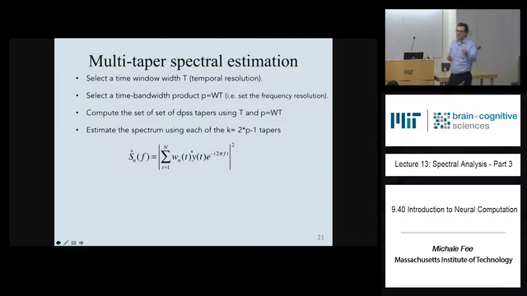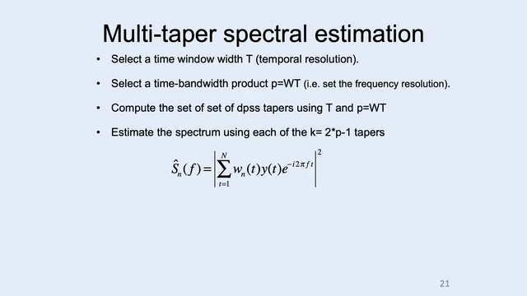And then take your little piece of data, multiply it by the second one, compute the Fourier transform and the power spectrum, and then you're just going to average. This square magnitude should be inside: you window your piece of data, you Fourier transform it, square magnitude, and then average all those spectra together.